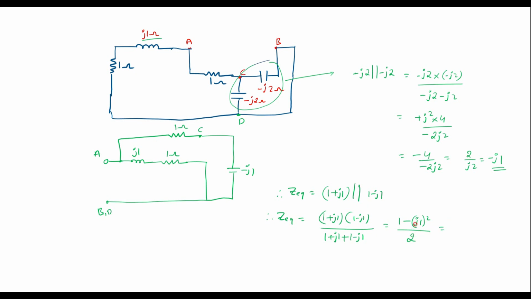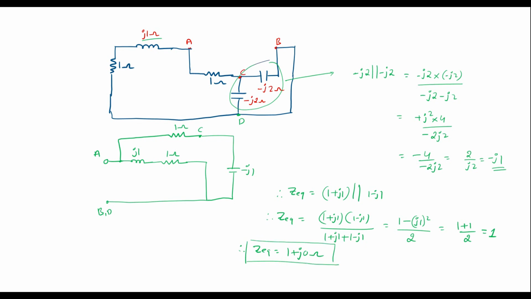J square means minus 1, so that is 1 plus 1 divided by 2, which is equal to 1. Therefore Z equivalent is equal to 1 plus J0 ohm. Here there is no imaginary term, only a real term.